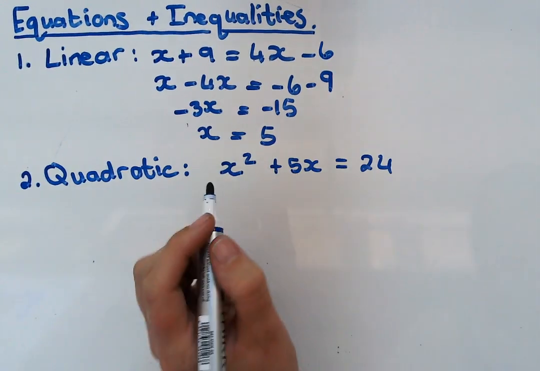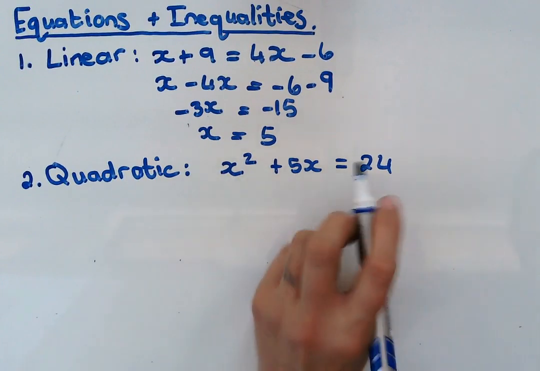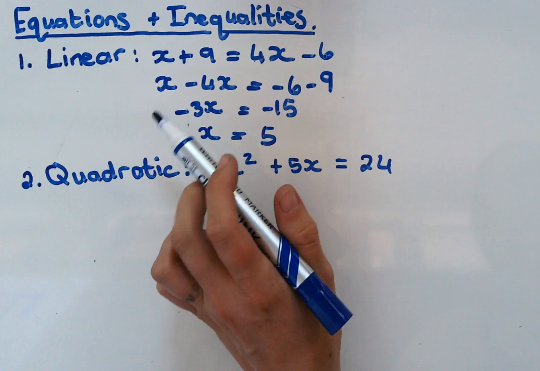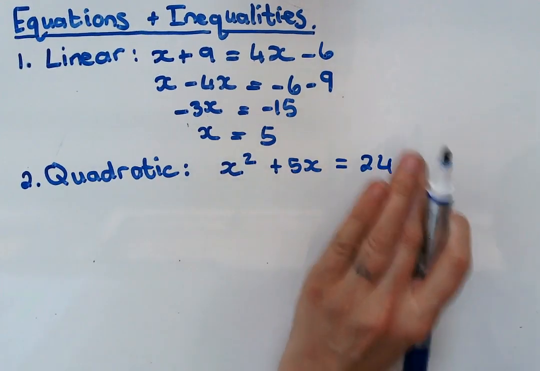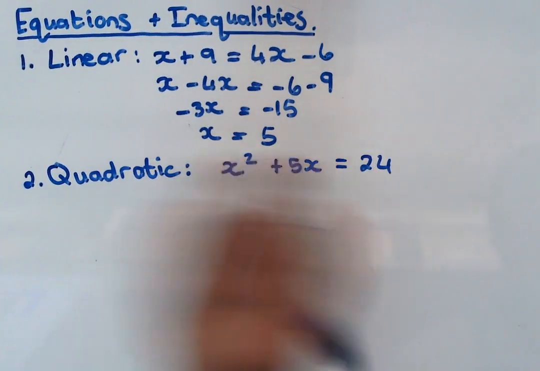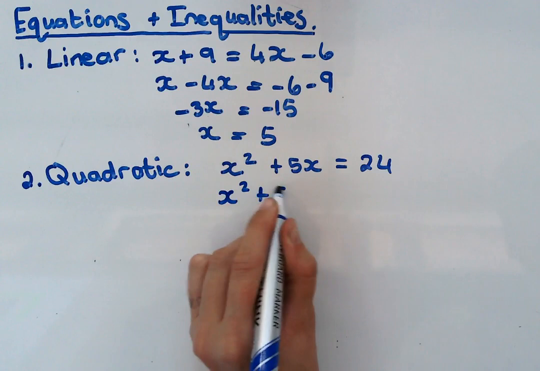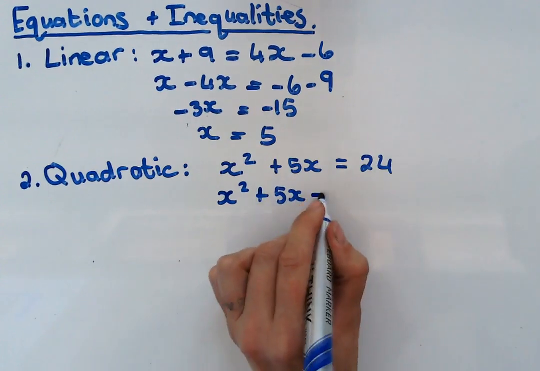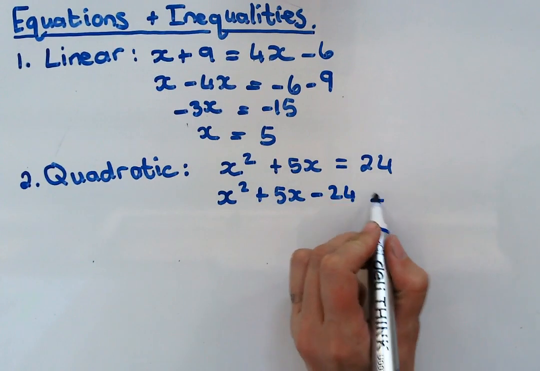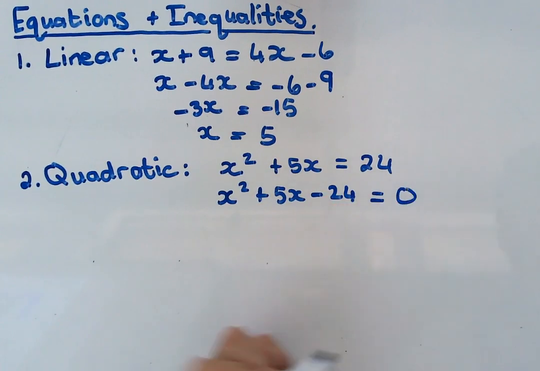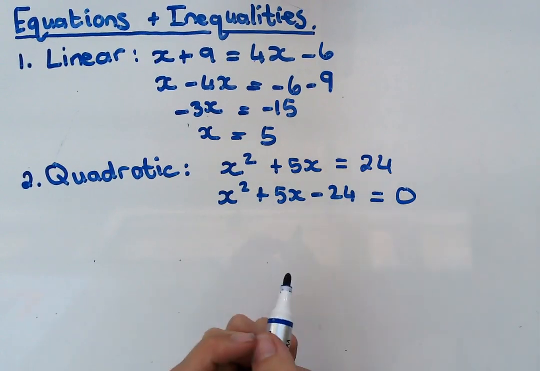When I have a quadratic equation, unlike there where I group x's and numbers, in this scenario I bring everything to the same side and 0 on the other side. So I'm going to just bring that 24, transpose it also to this side, so that all of the terms are on one side. It can be left or right, it doesn't matter. But all of the terms are on one side, 0 on the other side.